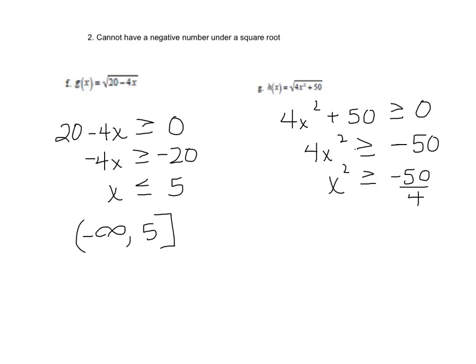Since these roots are not real, there is nothing I can put in there for x that will make that negative under the radical. If I put a negative number, it squares it, makes it positive. If I put 0, it's still positive. If it's positive, it's still positive. So on this one, the domain is actually all reals.